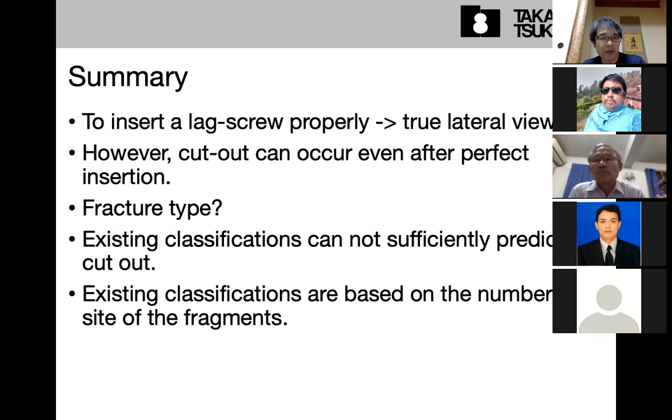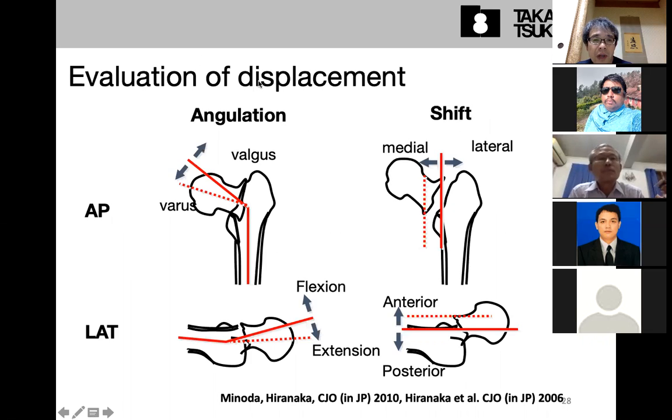They are not sufficient to classify and to predict the cutout or the instability after the fixation. So I proposed that the displacement is very important to predict the fracture stability and subsequent cutout of the lag screw.